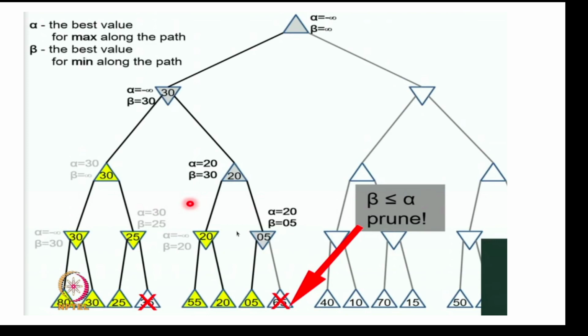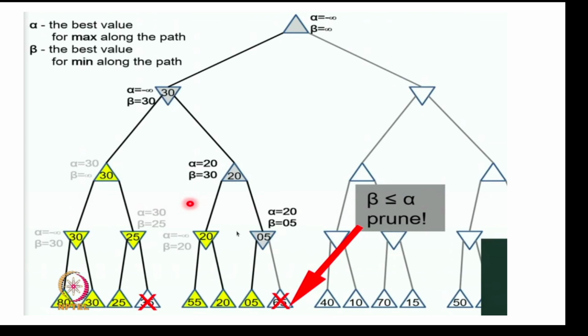The same situation will also happen in this scenario. If you see, 0, 5 and 65 were there, so you put 0, 5. Now you will have either 0, 5 or lesser than that, but the upper node is the max node, and on the right hand side you can see 20, so obviously 20 will go there. You don't need to explore further, so this 65 need not be explored.